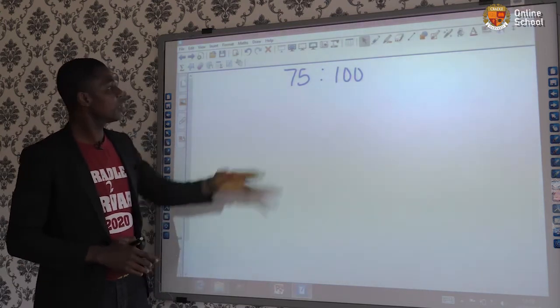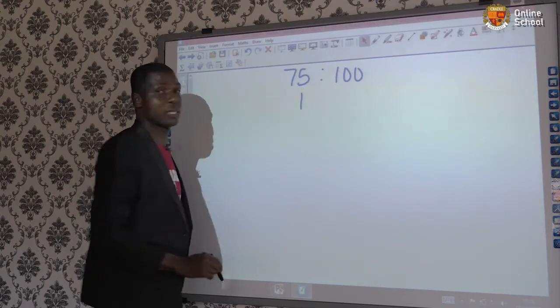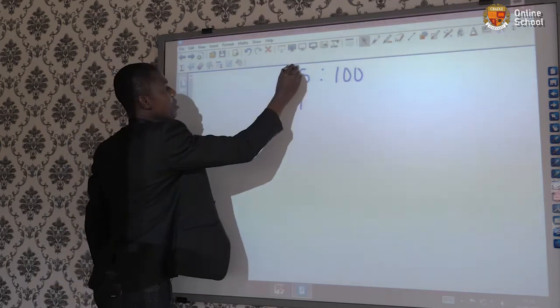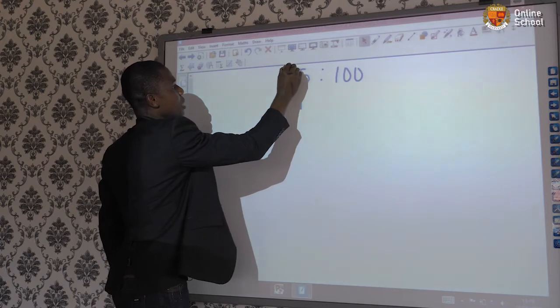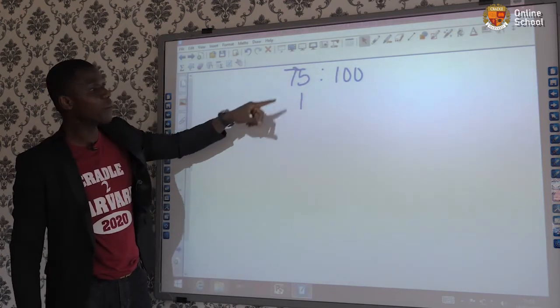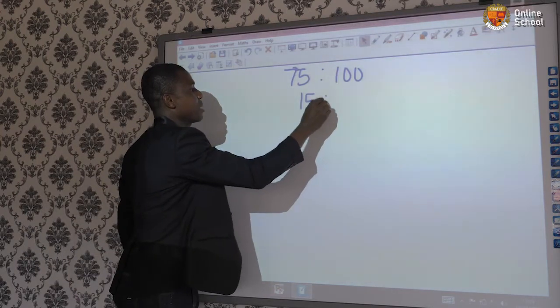5. 5 into 7 is 1, isn't it? Remainder 2, you drop it here. Remainder 2, this is 2, please. It becomes 25. 5 into 25 is 5, isn't it?